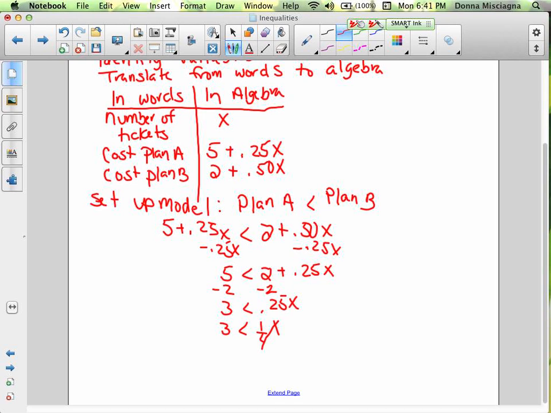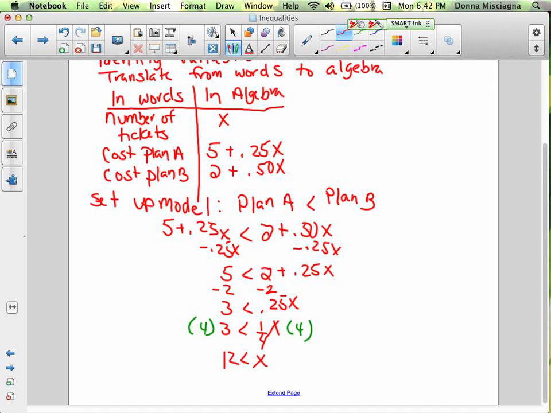Or you could just multiply both sides by 4 to isolate your variable. So you can either divide 3 by 0.25, think logically how many quarters are in $3, or multiply both sides by 4. Either way, it's going to be 12 is less than, or excuse me, x is greater than 12.